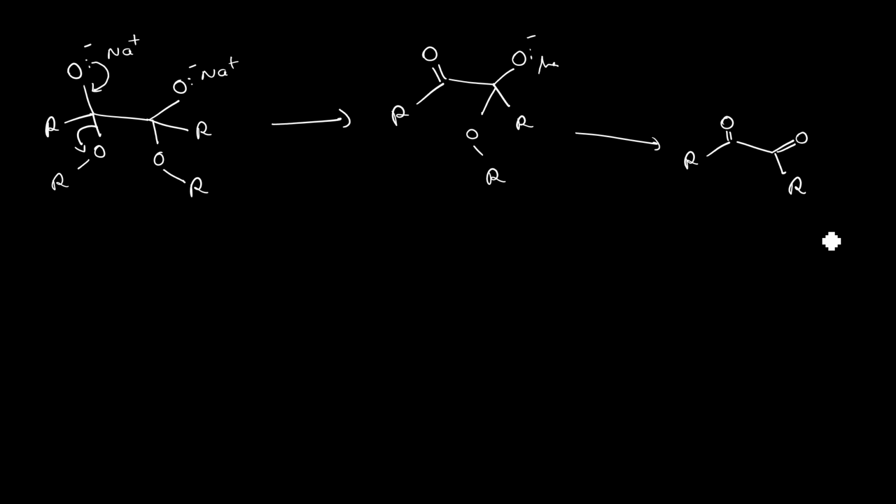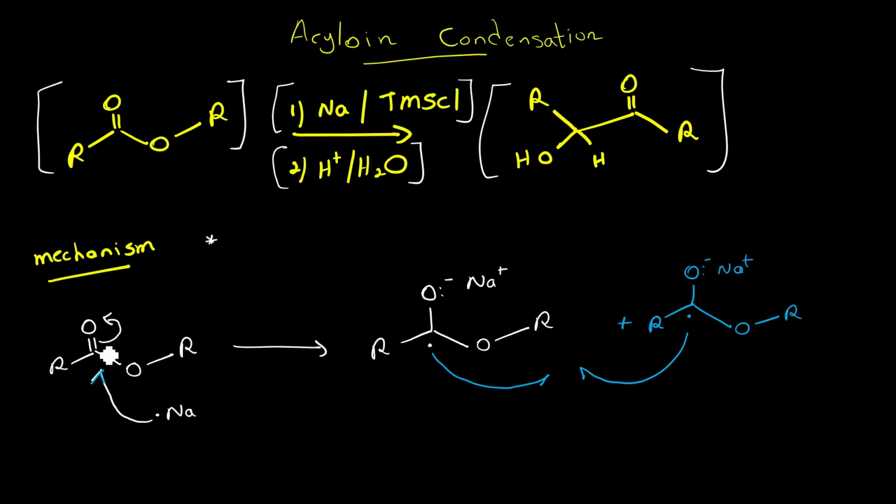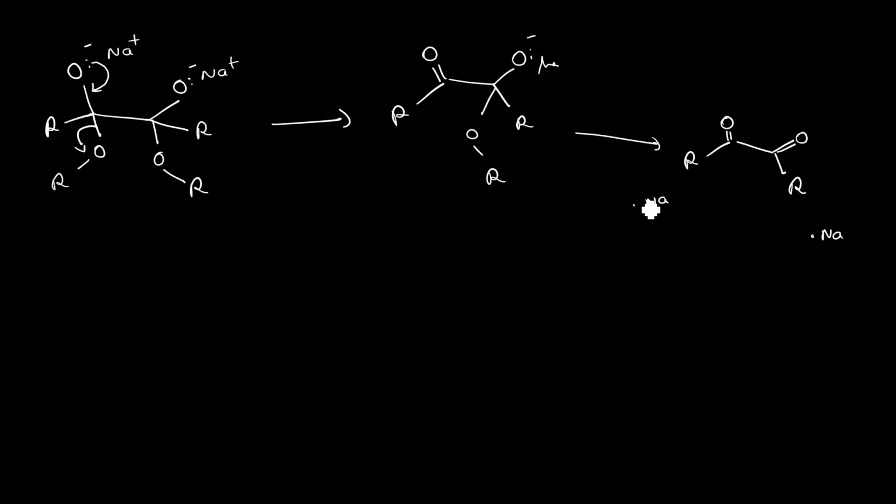Now you know that there are sodium radicals in your system. These sodium radicals can facilitate the same reaction as done over here. The same reaction is happening. So this radical is going to be donated into this particular position, and into this particular position, and due to this, this lone pair will move to here and this lone pair will move to here. So we have our product like this.